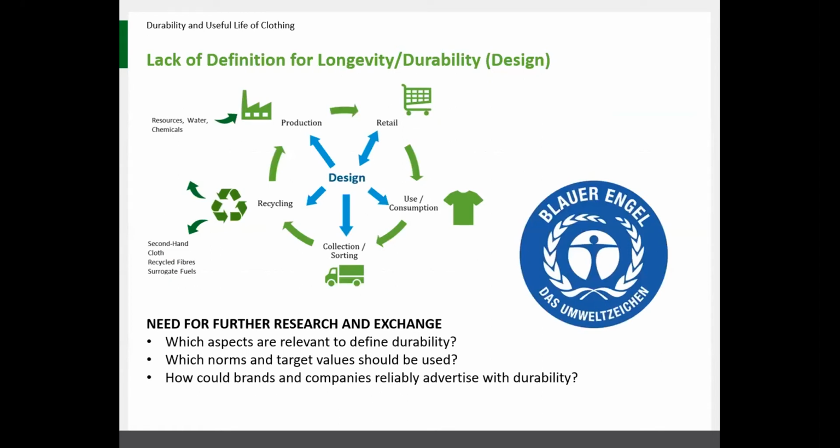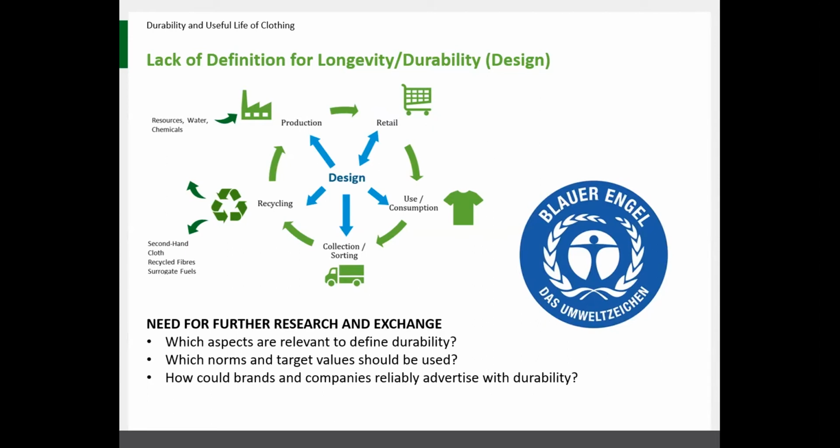And the first big challenge is the lack of definition for longevity and durability. This challenge starts at the design. We all know that the design can define the whole life cycle of a garment, as you can also see in this map. But neither in the textile industry, nor in politics, nor at the customer level does a common definition of longevity or durability for garments exist.